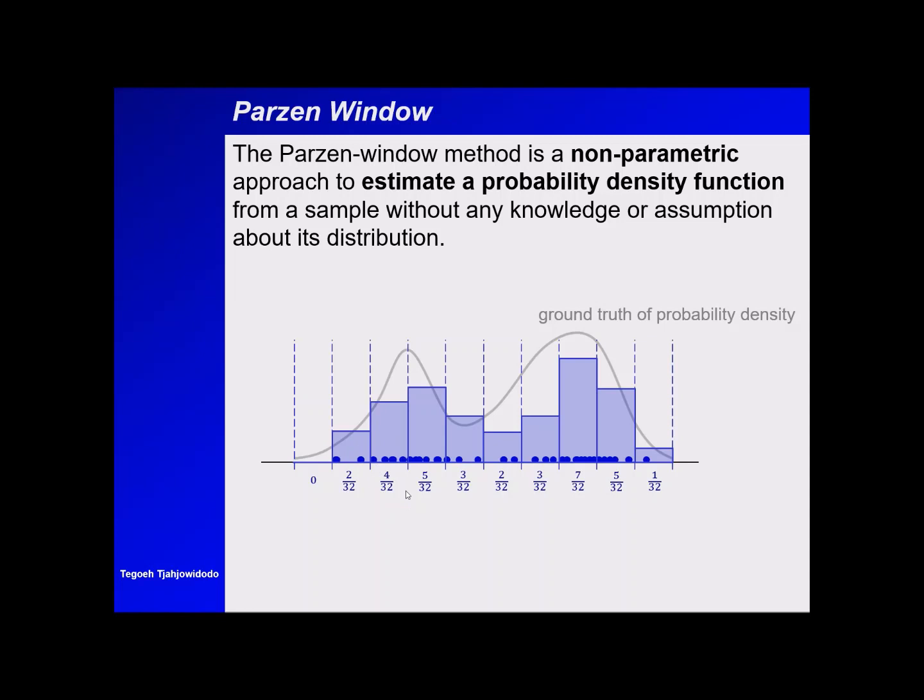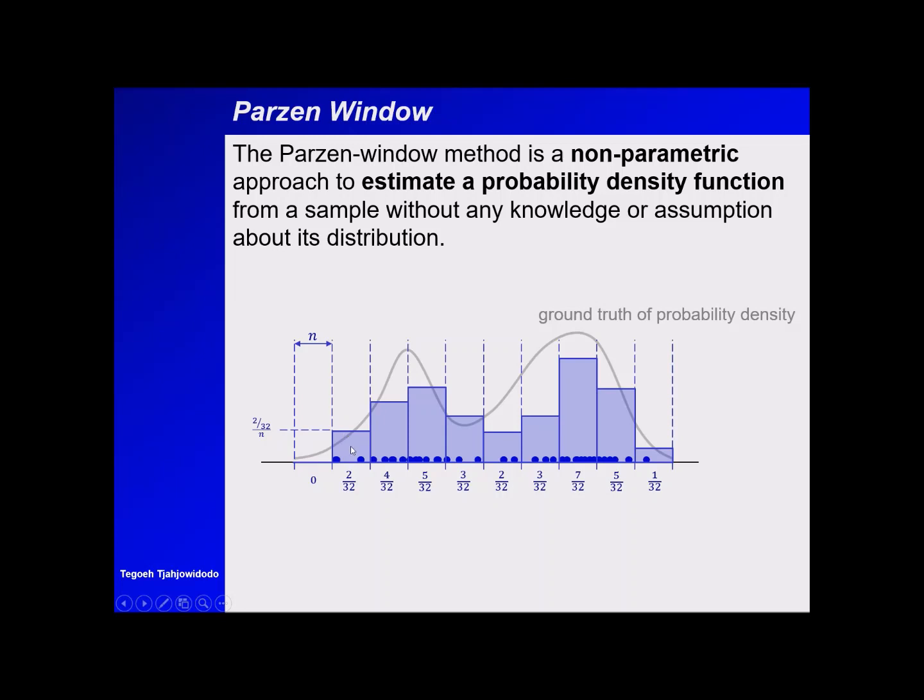Okay, so then this looks like a probability density function, right? If I know the width of this region, let's say the width is equal to n here, and this area is equal to 2 over 32, then obviously this height will be equal to 2 over 32 divided by n, right?